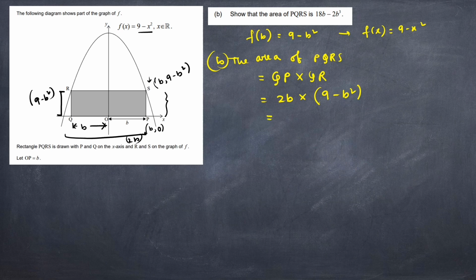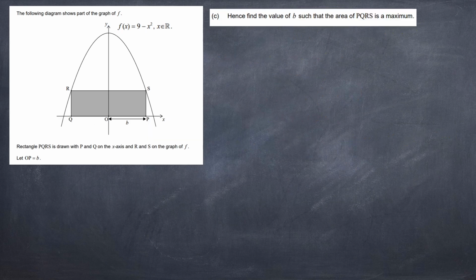So from here we can write 18b minus 2b cubed. So the area of PQRS is equal to 18b minus 2b cubed. It is proved. So this problem is also done. This was also a very easy problem. Now the next problem we will do.